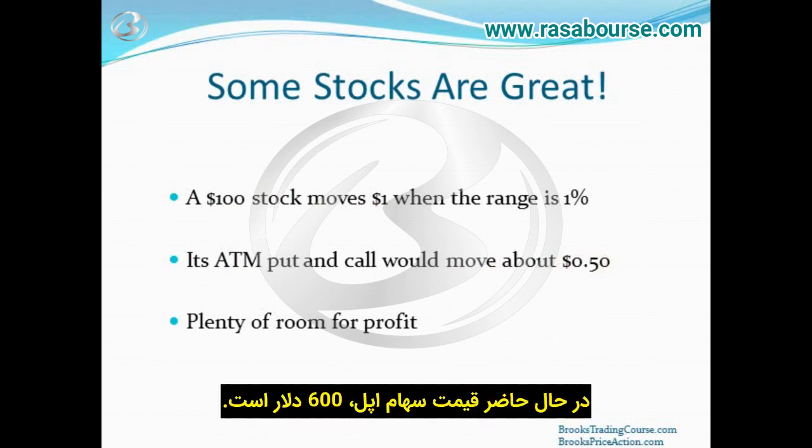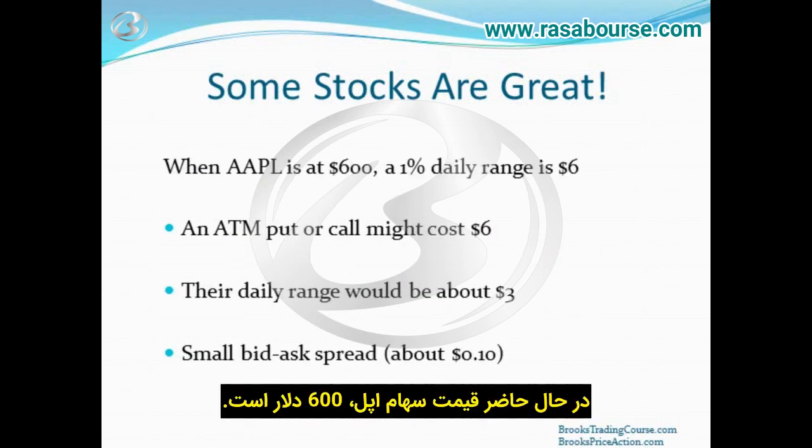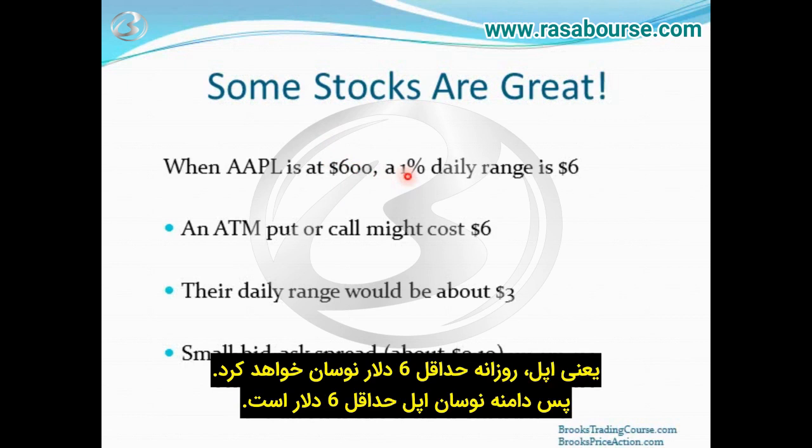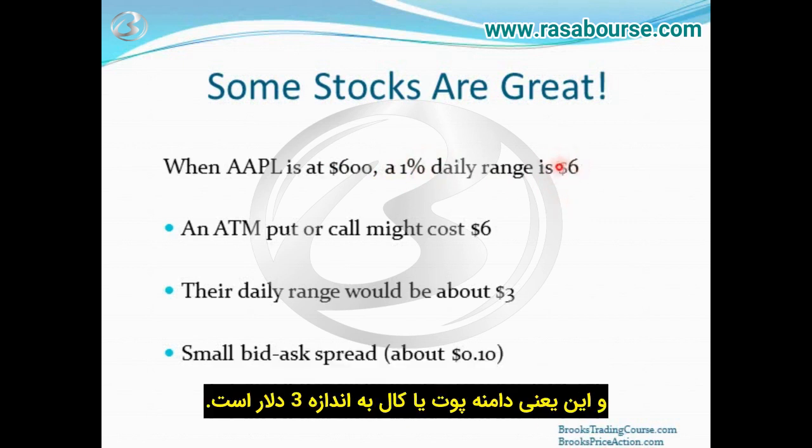Apple, on the other hand, is a $600 stock right now. A 1% range is $6. So Apple, on an average day, moves at least 1%. So the range of Apple is at least $6. And that means the average range of a put or call might be about $3.